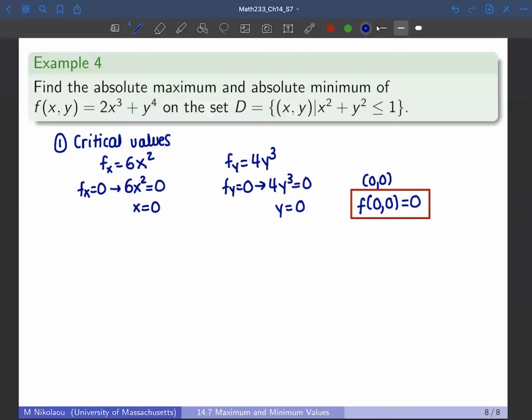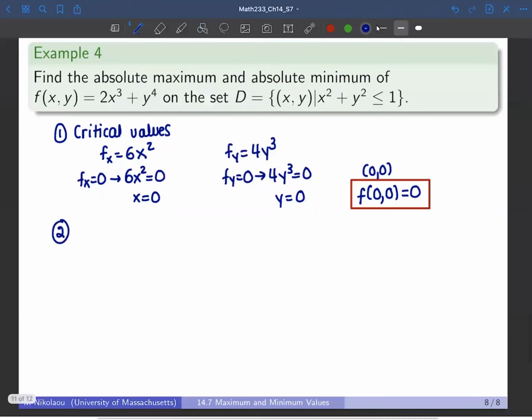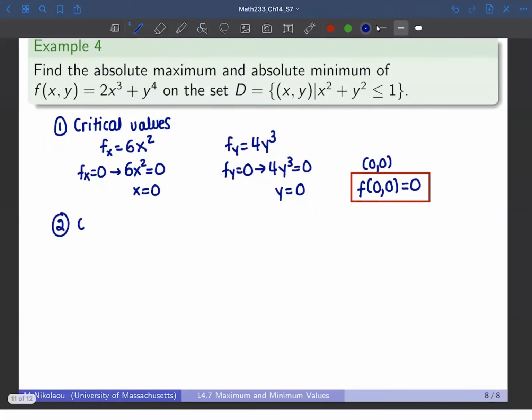Let us now see what happens in the given boundary that we have. First of all, let's graph that boundary.